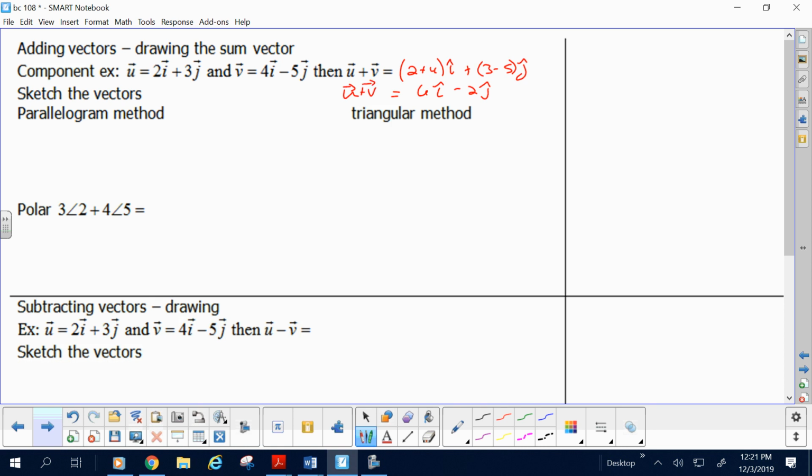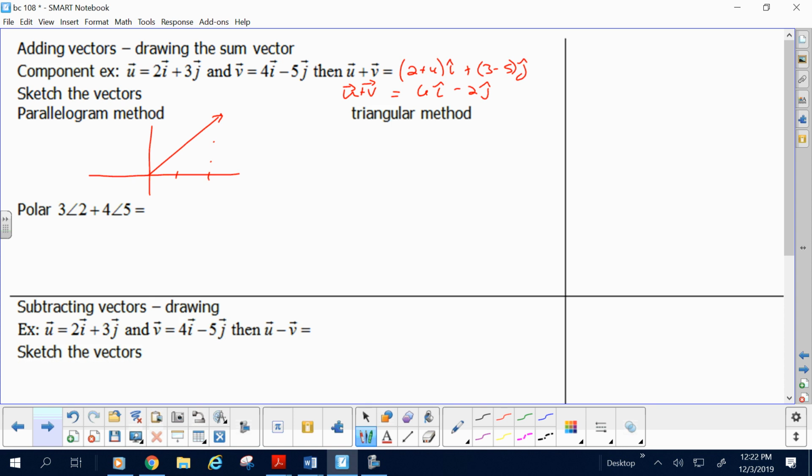If you were going to draw this, there are two ways: the parallelogram method and the triangular method. If you start at the origin as your starting point, u is right 2, up 3, here's vector u.